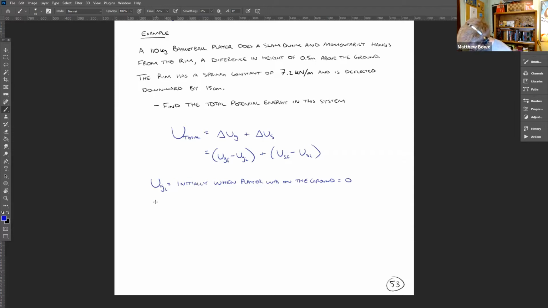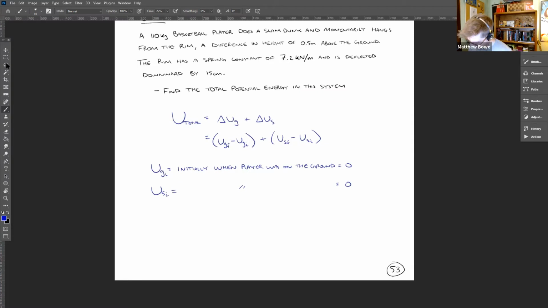Same sort of thing for the spring of the basketball hoop, equals 0. So that's a way of dealing with finals and initials. Say the initial case was before this all happened.